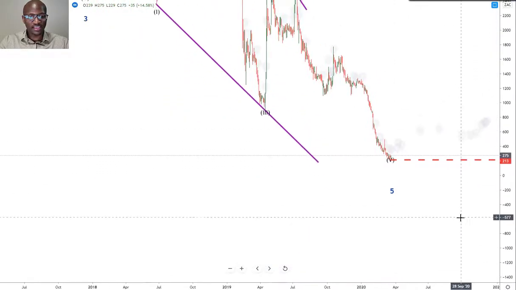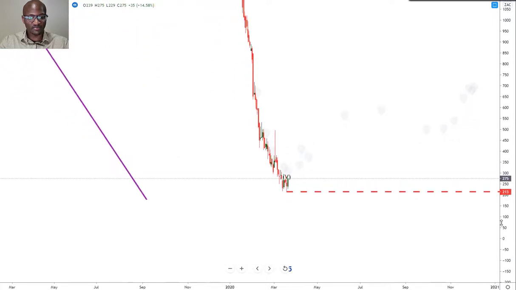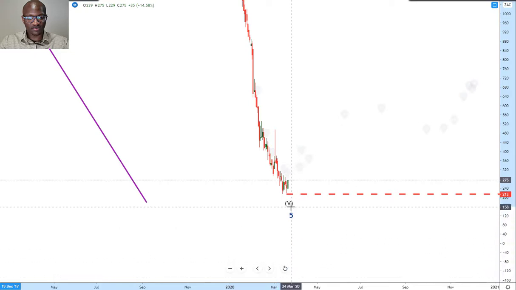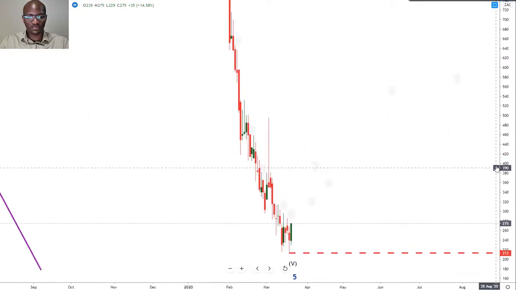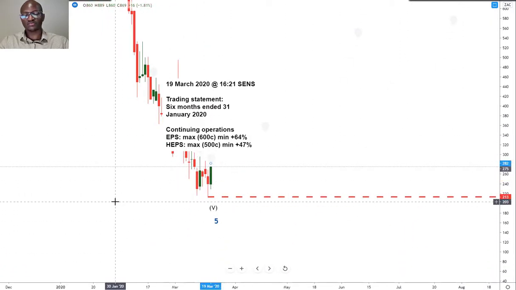So starting here at this 213 level, let's just push this down. Starting here, 19th of March 2020, trading statement for the 6 months ending January 2020 from continuous operations.